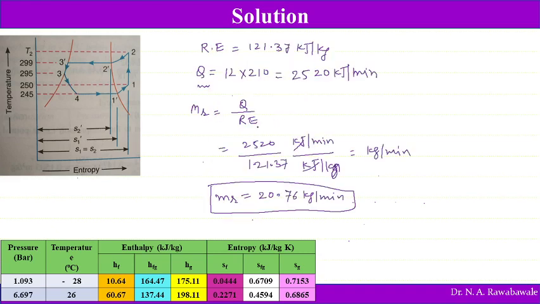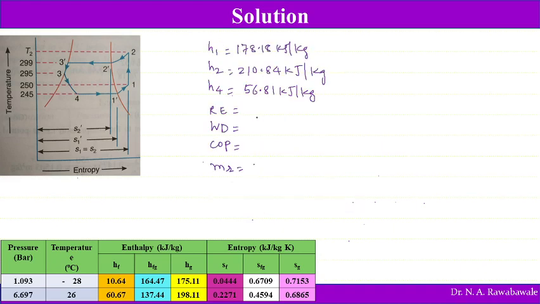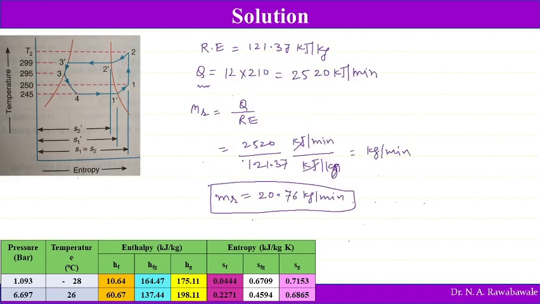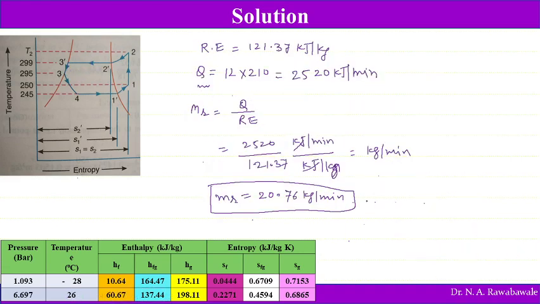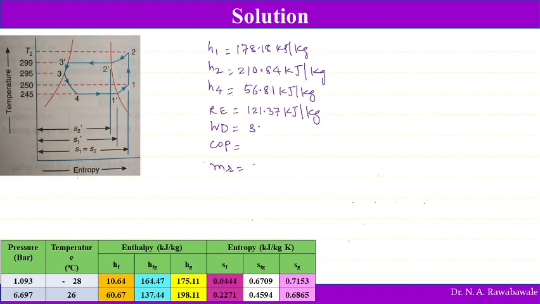Refrigerating effect is 121.37 kilojoules per kg. Work done is 32.66 kilojoules per kg.